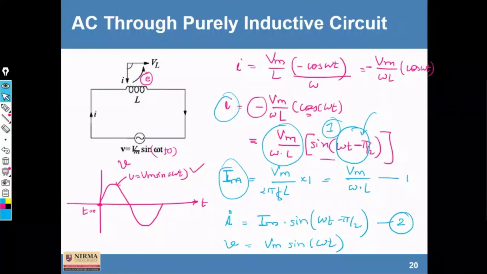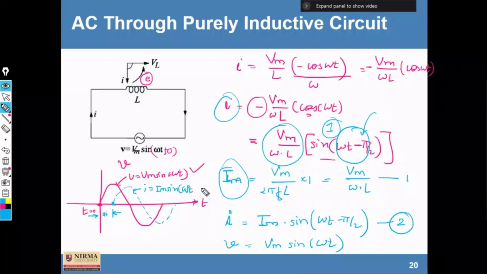Okay. So we can draw that diagram here of current, because there is a 90-degree phase difference, minus 90 degrees, so it is a lagging quantity. And we can represent the value of current in an inductive circuit like this only: I is equal to Im sine omega t minus pi by 2.